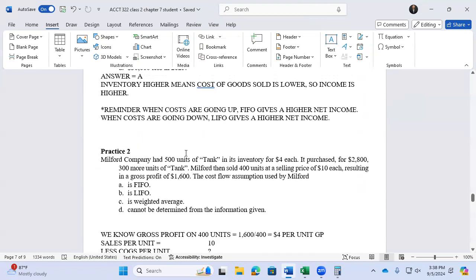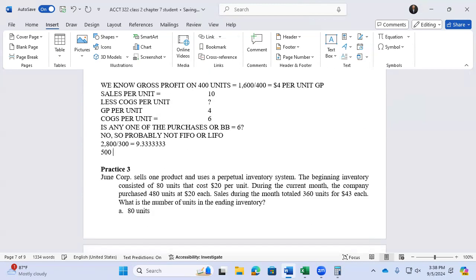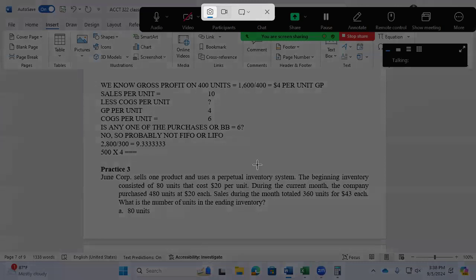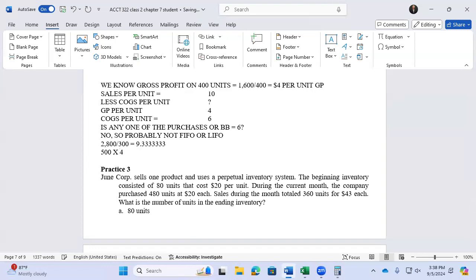What I had in inventory was 500 times the $4 price, and so that's 2,000.